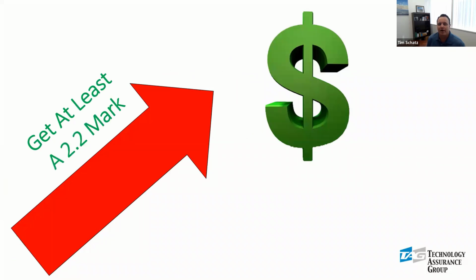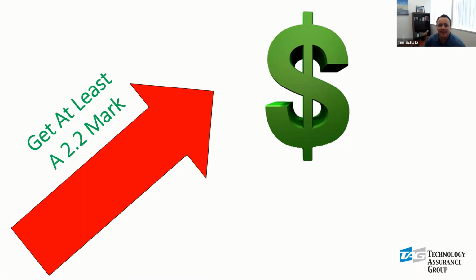One of the things we want to do, and we talk about this from 20 years of TAG history, is a very simple metric for making sure we pad enough in there to pay for our costs of getting the stuff installed, and that is getting a 2.2 markup.